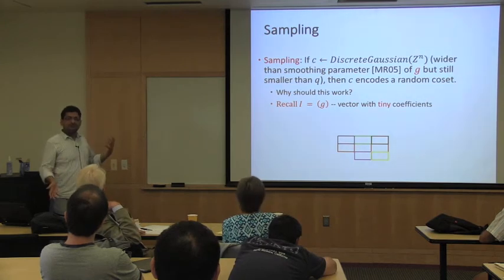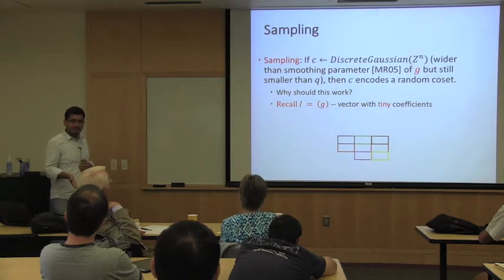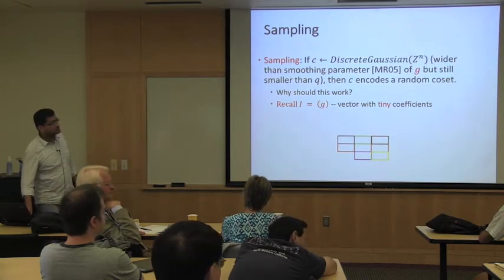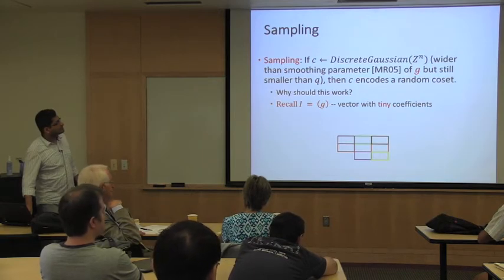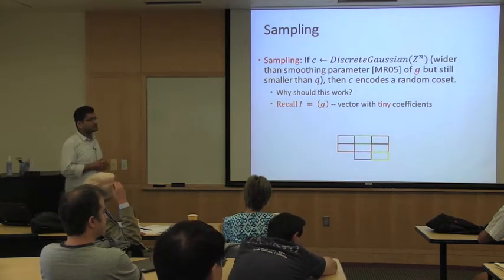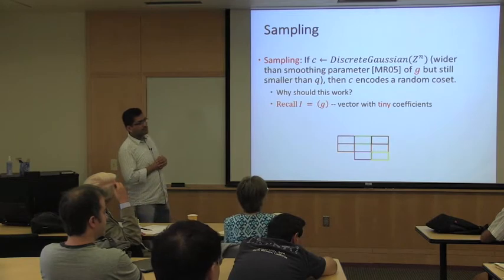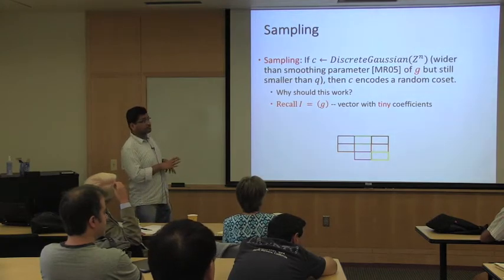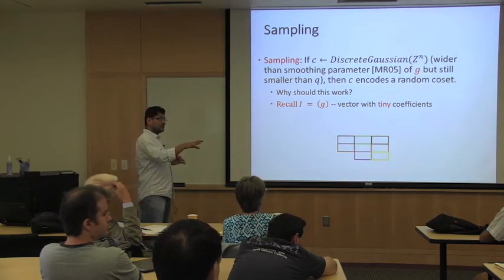Because we have to do this division by Z in R_q, and the sampling is being done in R. Yes, right. This is the level 0 encoding of that coset. I don't know which coset it is.